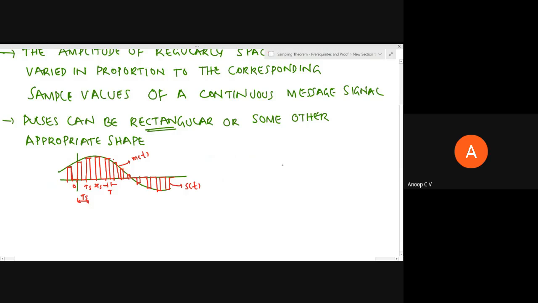In practice, how can we implement this? Say you have an NPN transistor.